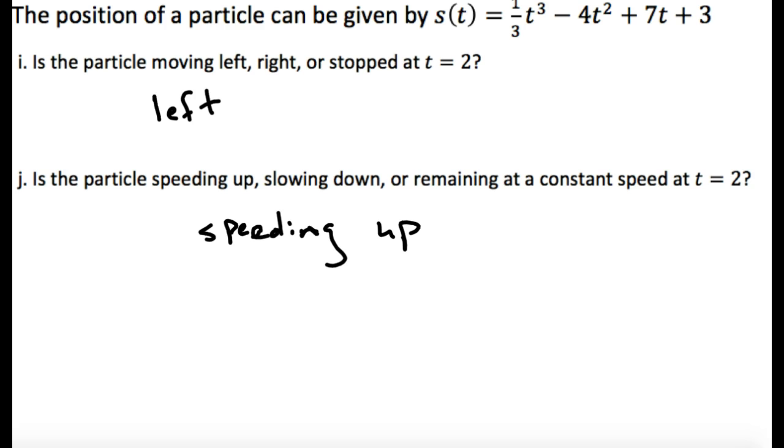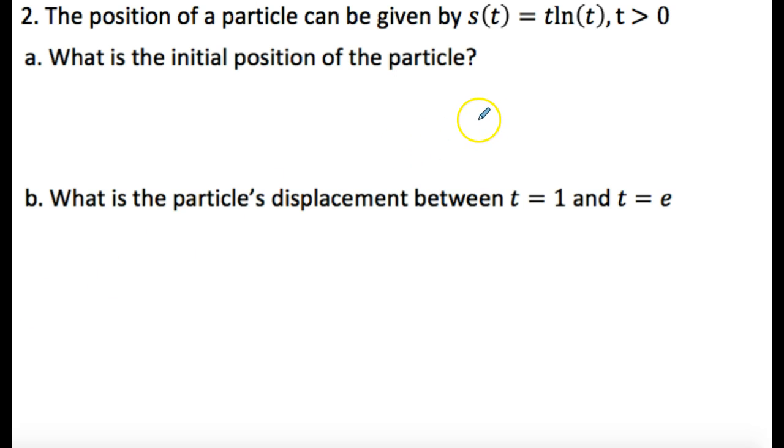Okay, so I want you guys now to take a look at number 2 and try this one. Now, this one, first part, I guess, is a little tricky because we have a log function, which means we have to say that our variable is greater than 0. It can't equal 0. All right, so let's just do part A together here.